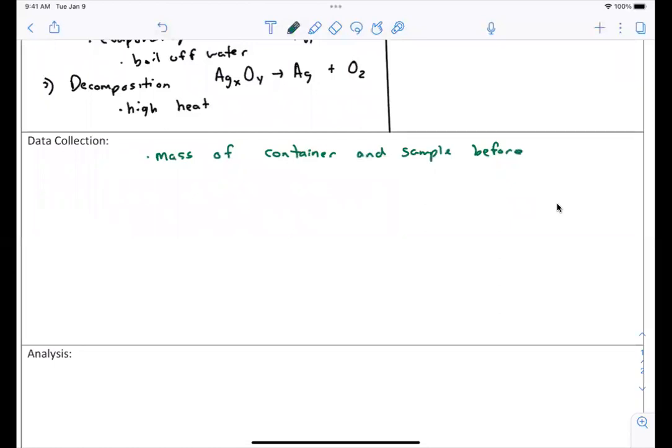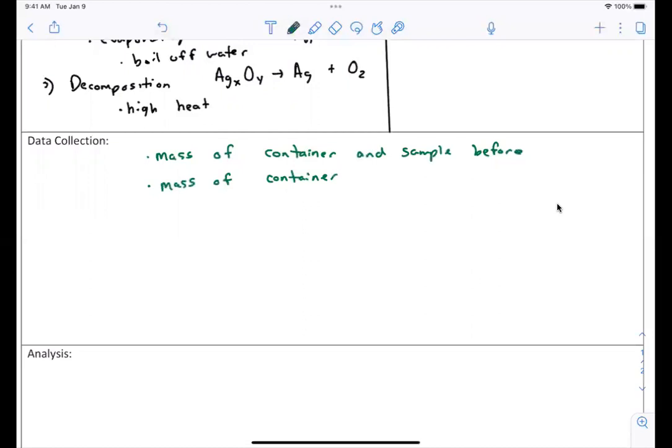Generally, we do this with a container because oftentimes when you're heating it, you're not going to be able to separate the compound from the container later on. So we want the mass of the container and the compound because we may not be able to separate the two species from each other later on if we heat it too much.